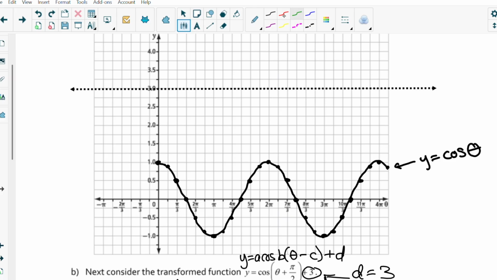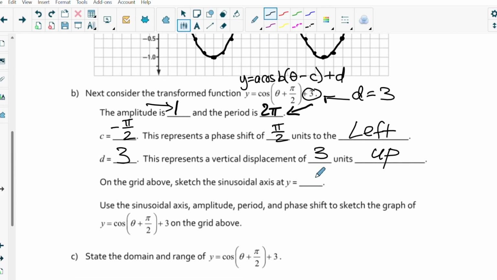Okay, so there's my sinusoidal axis, y equals positive 3. Use the sinusoidal axis, amplitude, period, and phase shift to sketch the graph of y equals cosine of theta plus pi over 2 plus 3 on the grid above.